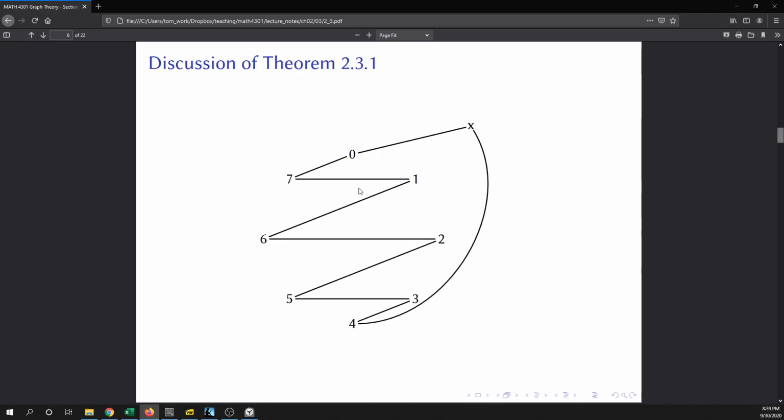So you kind of zigzag your way up through the vertices here till you get to the top from one side to the other. And then what you do is you connect the top one to this outside vertex, and then connect that back into the one on the bottom through this edge X right here. All right, and so you can see that's a Hamilton cycle.